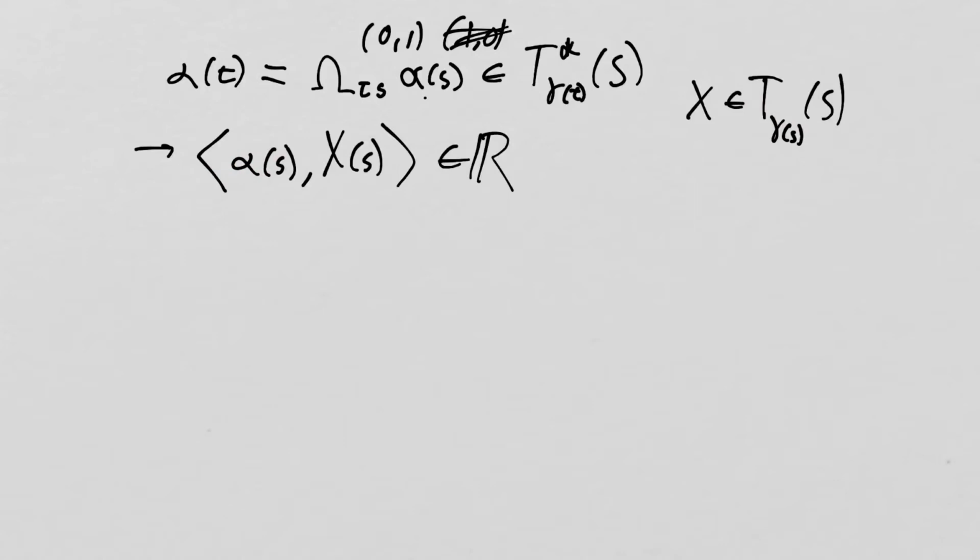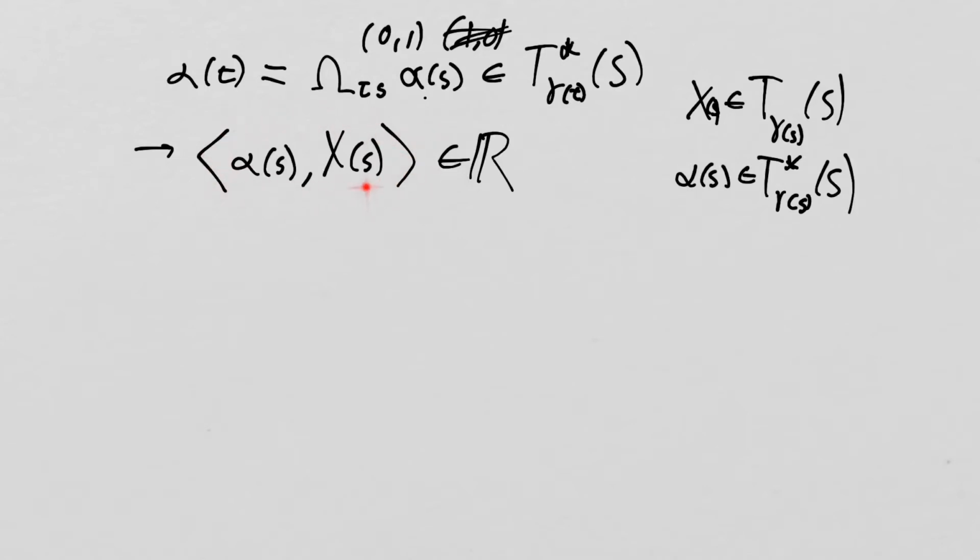And alpha of S, I guess I should put the S there, is an element of the cotangent space at gamma S on the manifold. So we know that this statement is true. The dual space mapping of alpha at S with some vector at S will be a real number. So the notion of parallel transport axiomatically is going to mean that we want this value, whatever this number is, to be preserved.